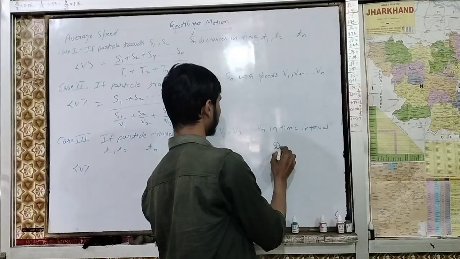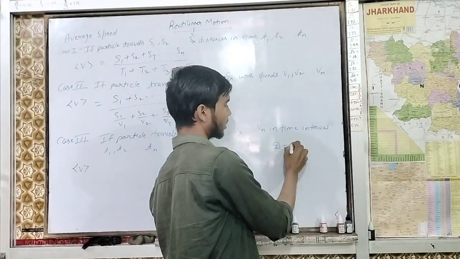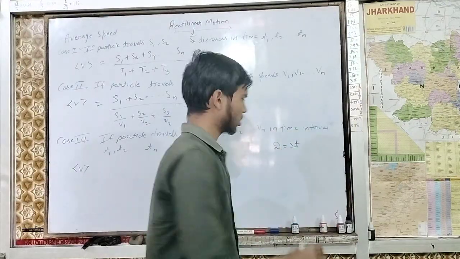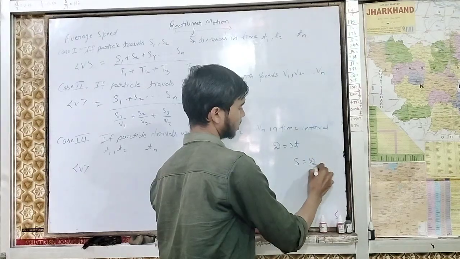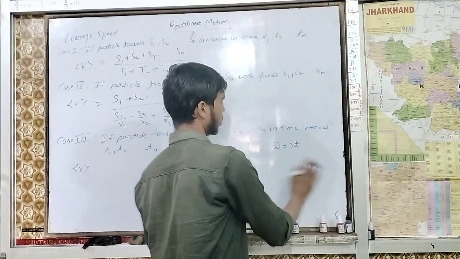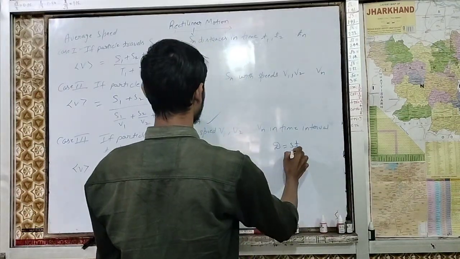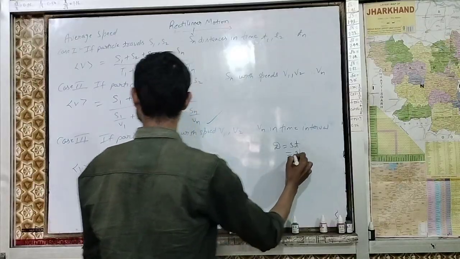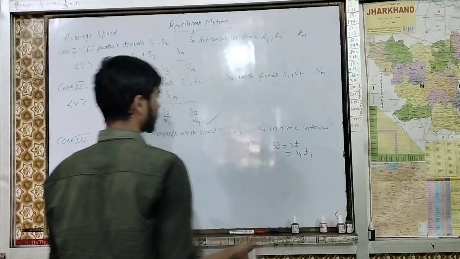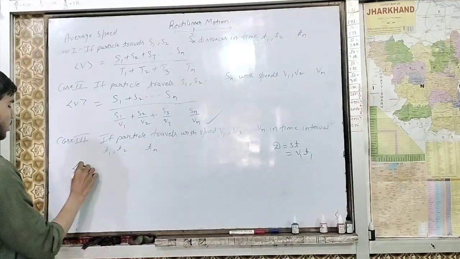S is equal to D upon T, so D equals S times T. Here S is v1 and T is t1. That is how we will get the total distance.